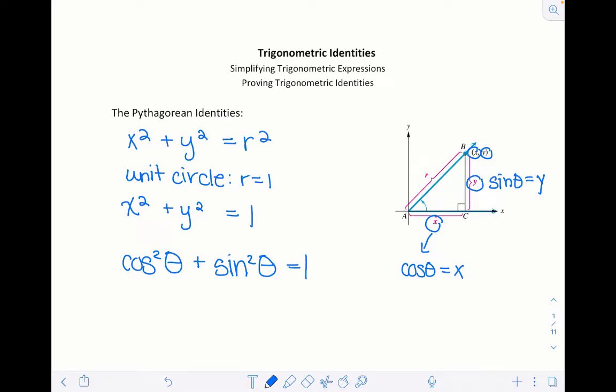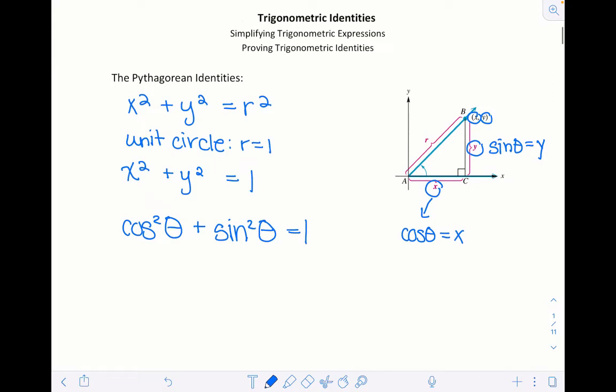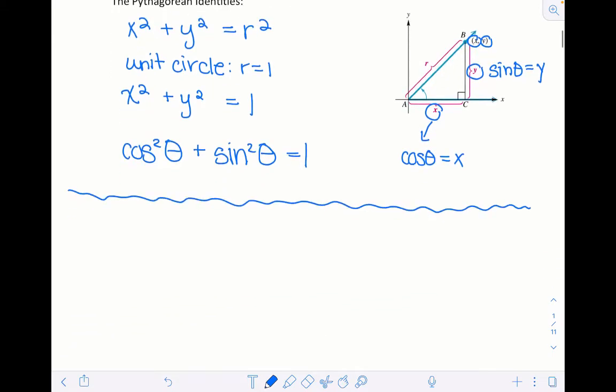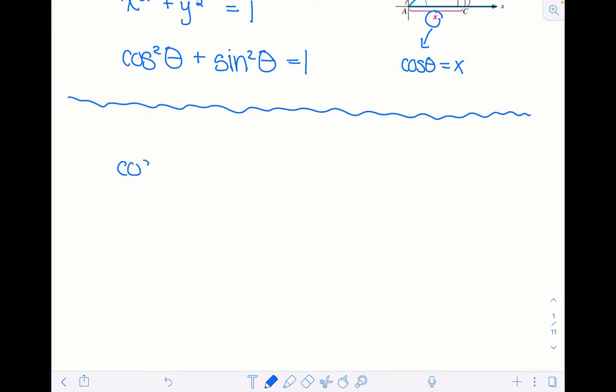So this is the first Pythagorean identity, and so it falls just from that Pythagorean theorem. And the way that it's written in the formulas is usually written with an x value instead of a theta, and that's okay too because we can really put in whatever variable that we want. But I'm just going to go ahead and rewrite it the way that the formula is usually presented, which is cosine squared of x plus sine squared of x is equal to 1. So this is the first Pythagorean identity.